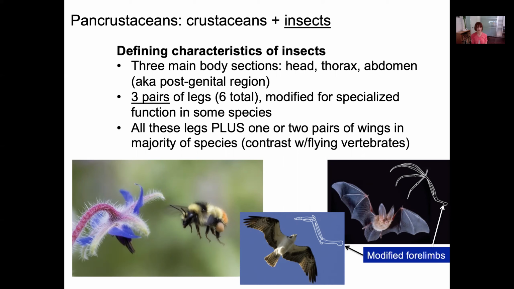And in both cases, in different ways, they have sacrificed their forelimbs to become wings, right, to be able to fly. But insects have not done this. And certainly the capacity of many insects to fly has also provided them the opportunity to diversify, and in part explains their extraordinary diversity, right? Because you can exploit a whole bunch of new ecological niches once you can fly, as illustrated by this bee.